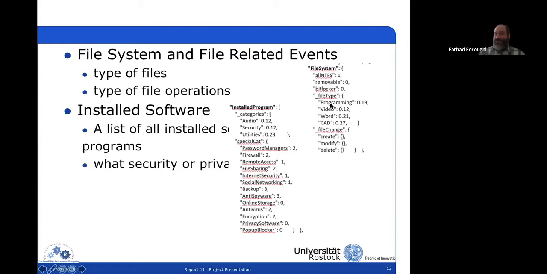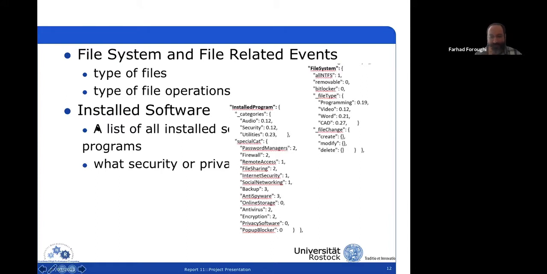And here in file type, you can see, for example, 19% of files that the user was using are programming files, C, assembly, Python, this kind of thing. So probably this user is a developer.